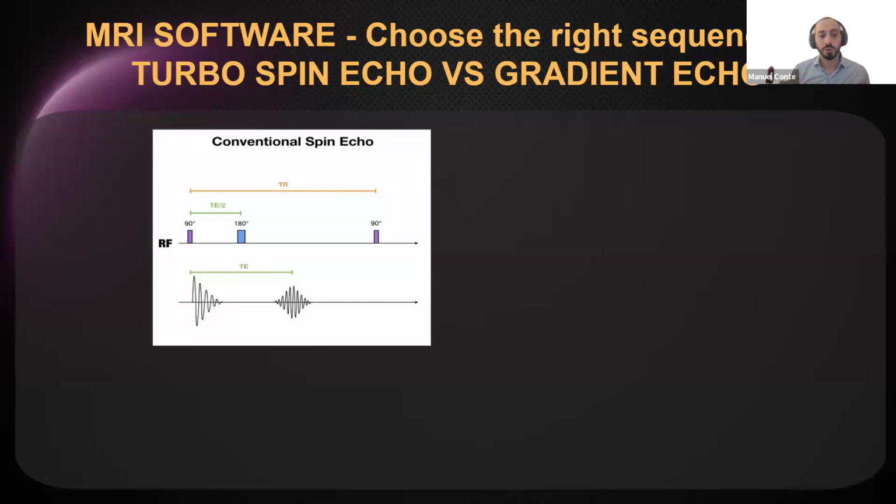Why do we do that? Because our protons in the normal environment have random direction. If we place all these hydrogen protons inside a strong magnetic field that we call B0, they align to the strong magnetic field in two ways: parallel direction and anti-parallel direction.